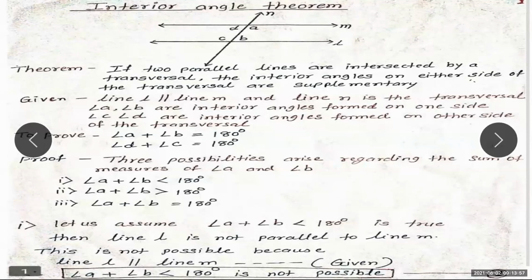Now here write given line L parallel to line M. Here you can see in the diagram lines L and M. Those are here. And line N is the transversal. Now which are the interior pairs of angles? Here angle A and angle B are a pair of interior angles.